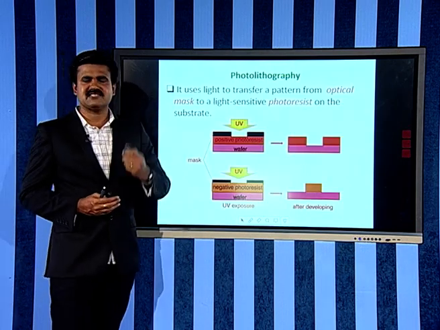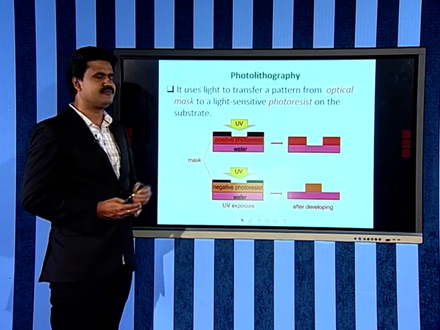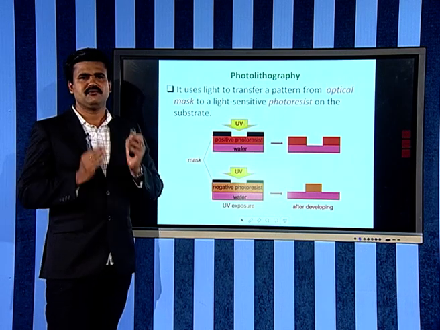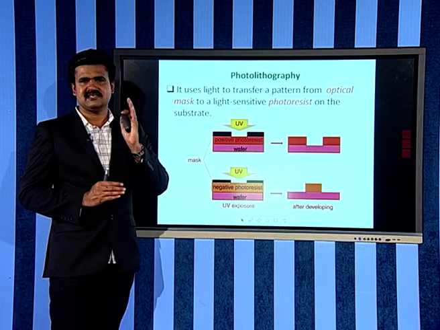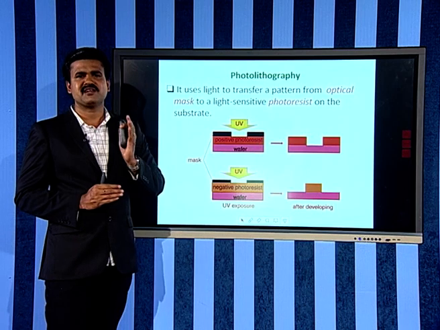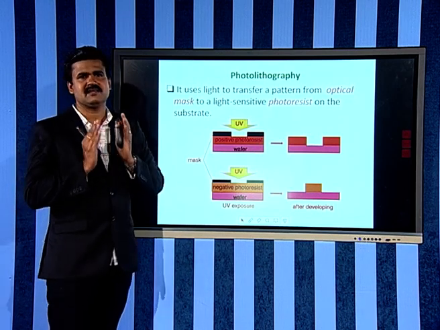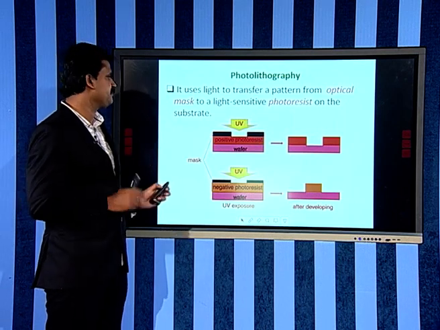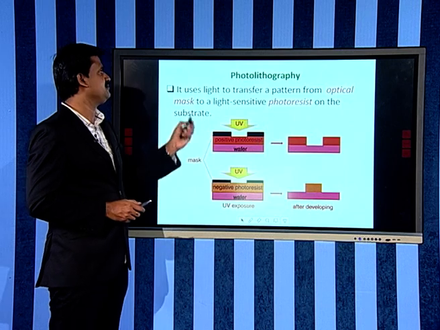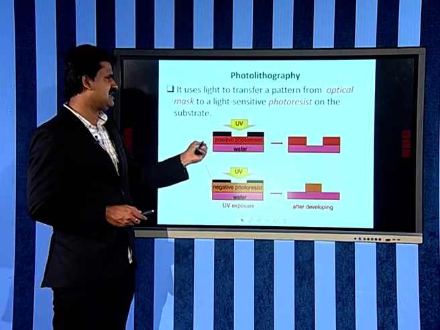Then the next nanolithographic procedure is photolithography. Photo means the word came from photon. In photolithography, we use light and an optical mask on a light sensitive photoresist on the substrate, and the picture simply illustrates the photolithographic procedure. There is UV light and a photoresist.